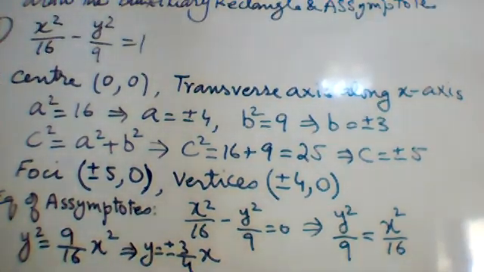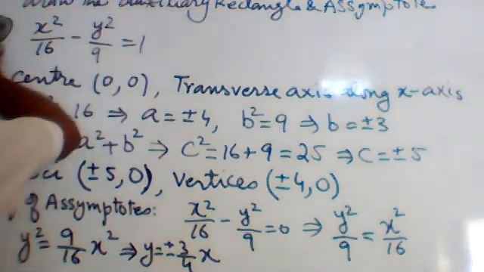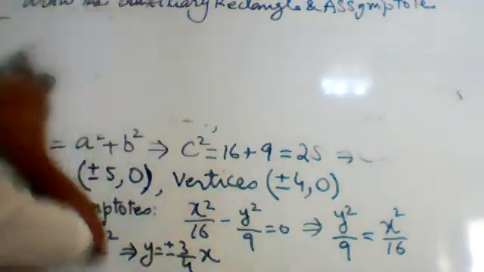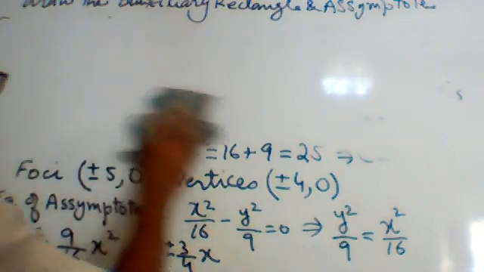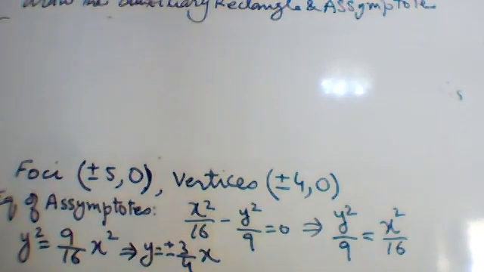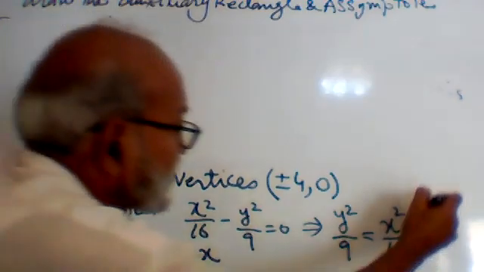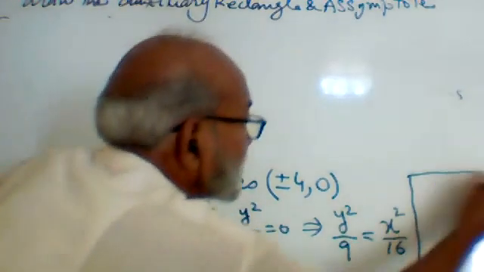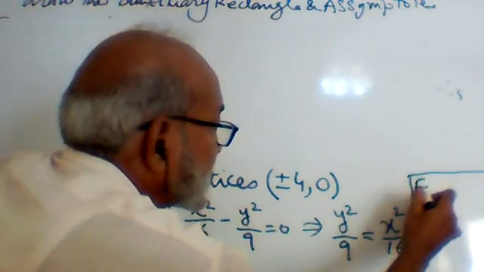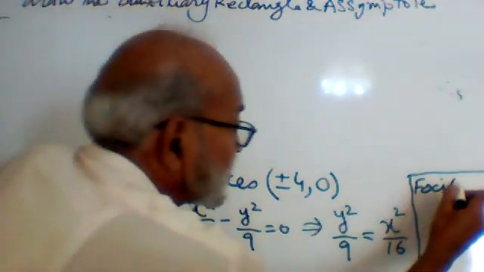Now we will draw. I'm rubbing it and drawing. This I'm writing over there so that when I draw: foci plus minus 5 comma 0.